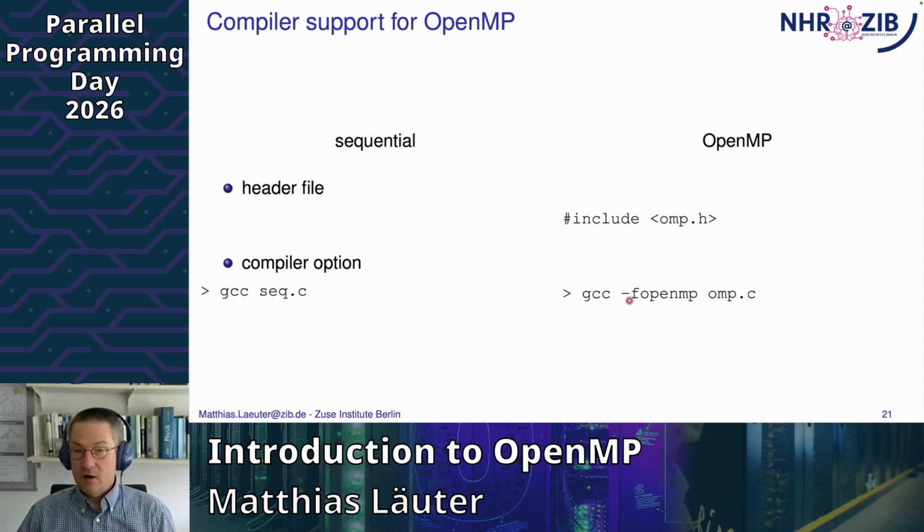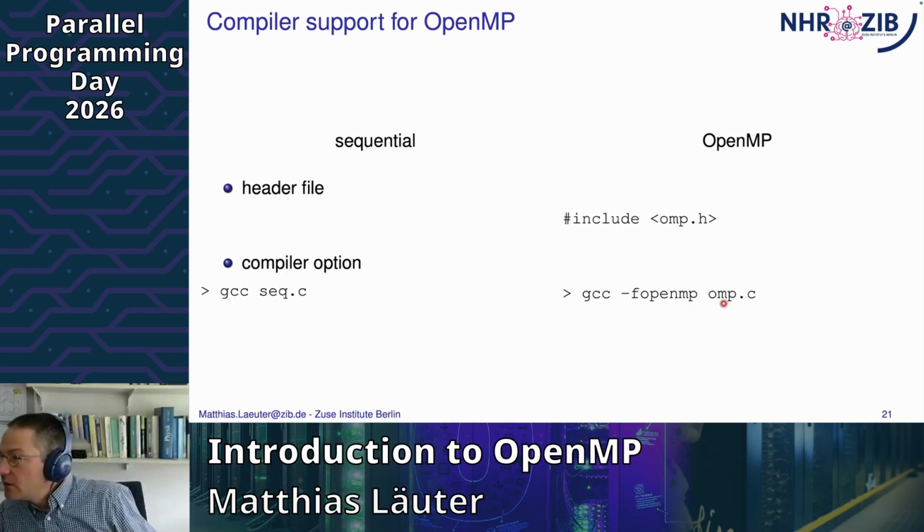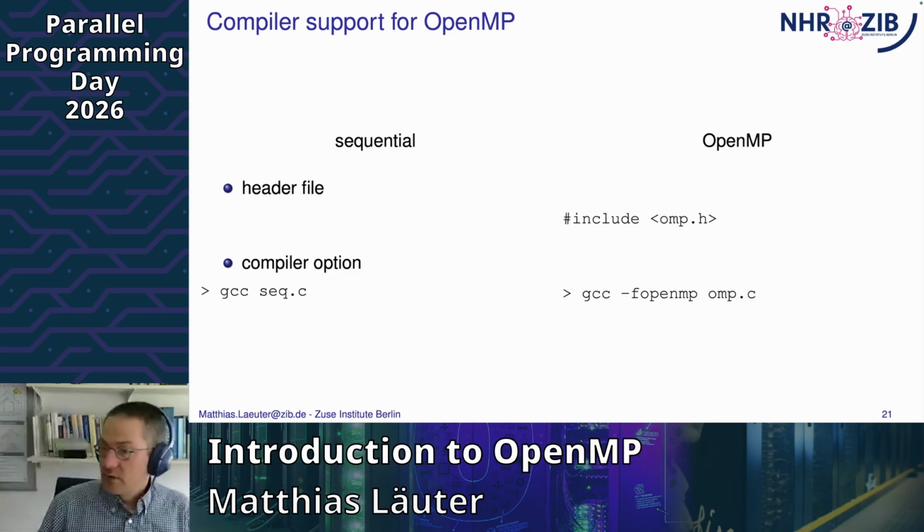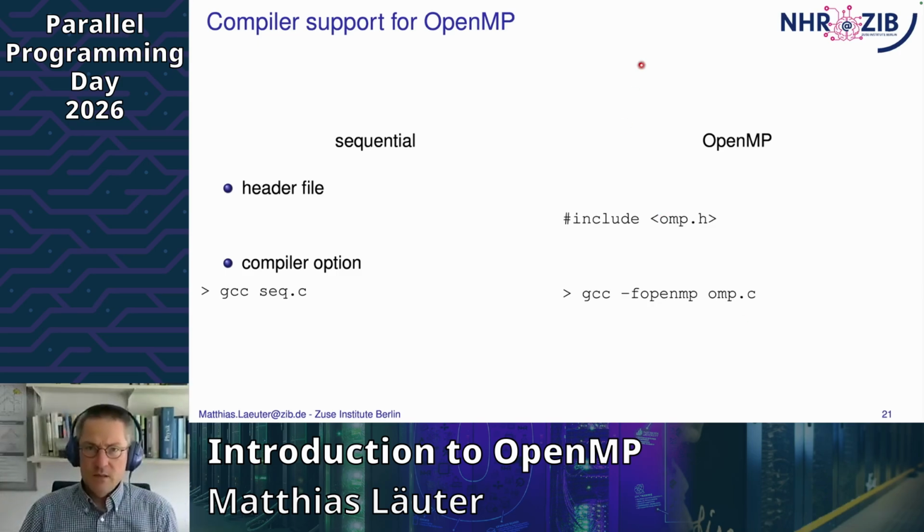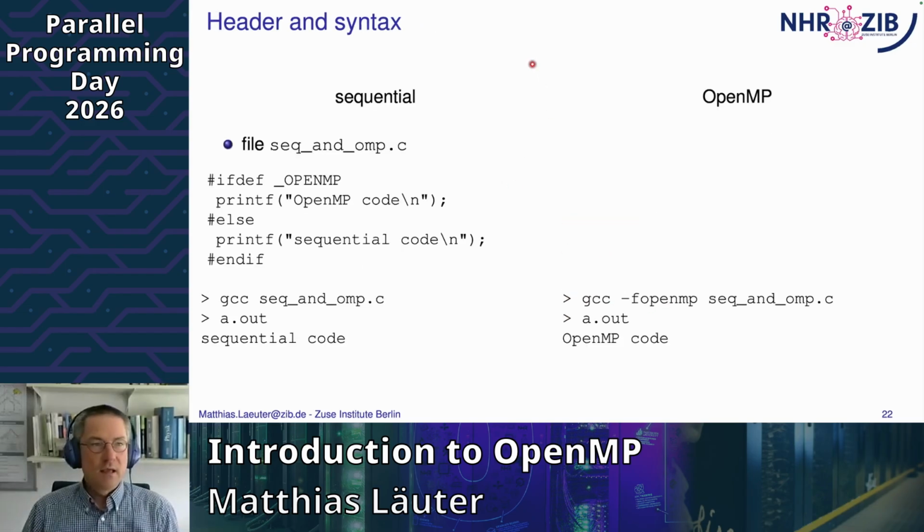So please add this command line option, and then you can compile OpenMP code. Okay. Good. So also, please add a header file and change the compilation line.